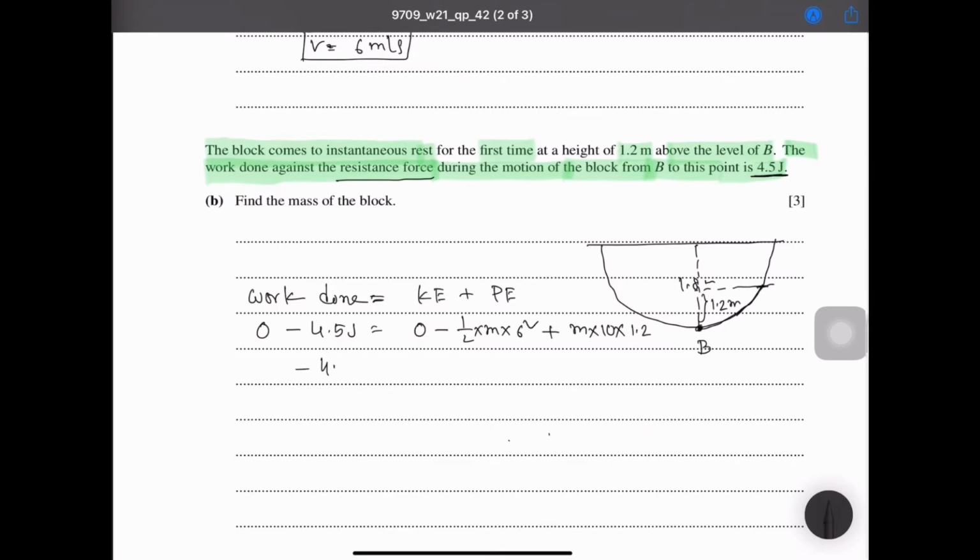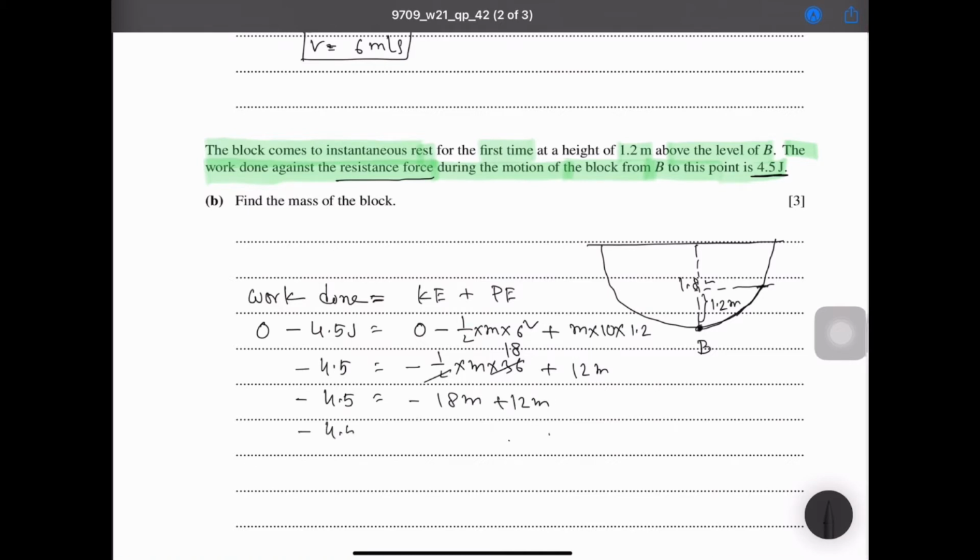So minus 4.5 joule equals minus half into m into 36 plus 12m. So I mean 18m, 4.5 minus 18m plus 12m.